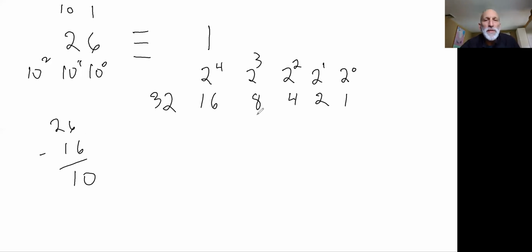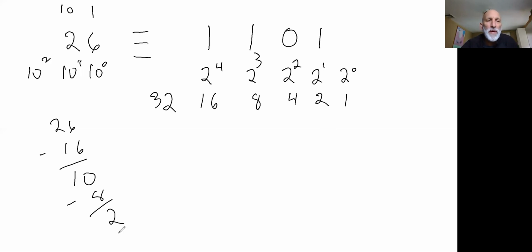If we go to the next place over, there is an 8, which does fit into the 10. So we need 1 8 there. Subtract away 8, and that leaves us with a 2. If we keep going, a 4 does not fit into the 2. So there are no 4s, but there is a 2. It's exactly a 2.